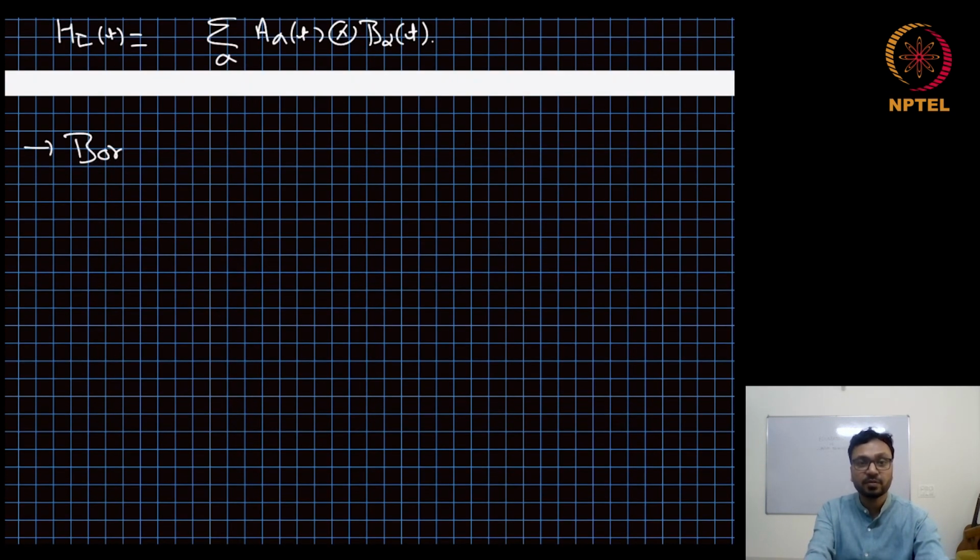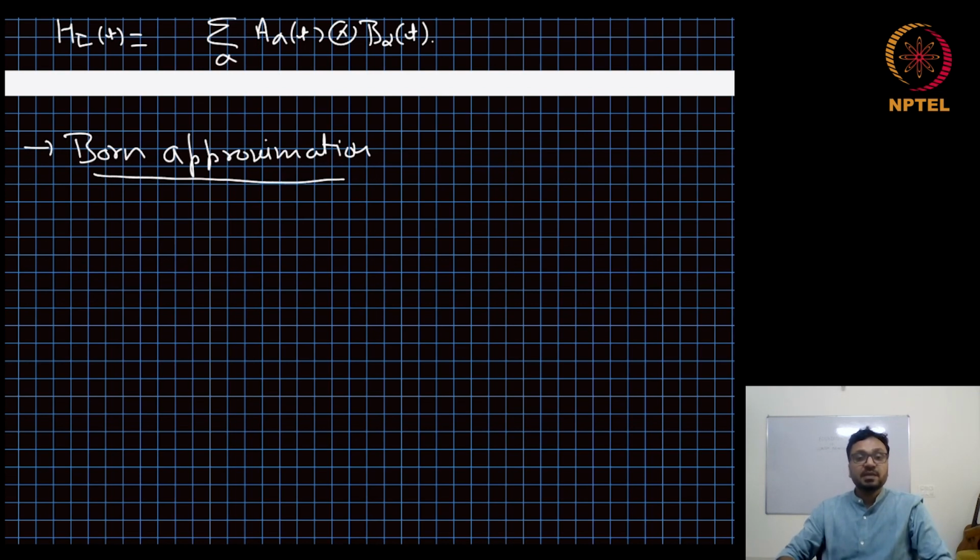Next is the Born approximation. In open system dynamics, typically we assume that the bath is so big as compared to the system that the state of the bath does not change just because it is interacting with the system.